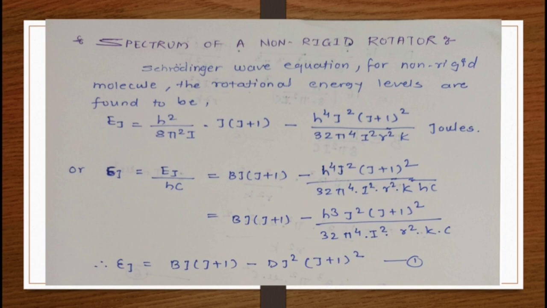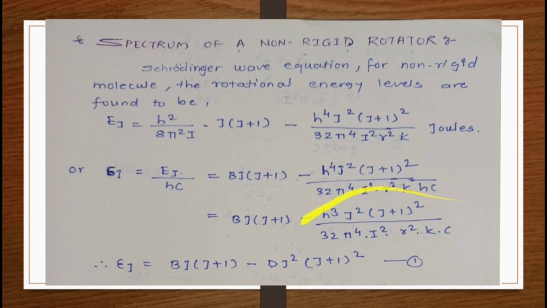Here is h raised to 4 and here is h, so one h gets cancelled. The remaining part will be written here: BJ(J plus 1) as it is, minus h cube J square (J plus 1) whole square divided by 32 pi raised to 4 I square r square into k into c. The h gets cancelled. So this is the equation.